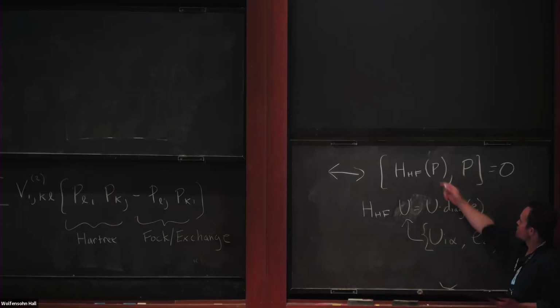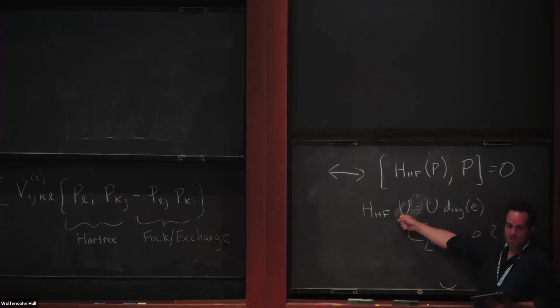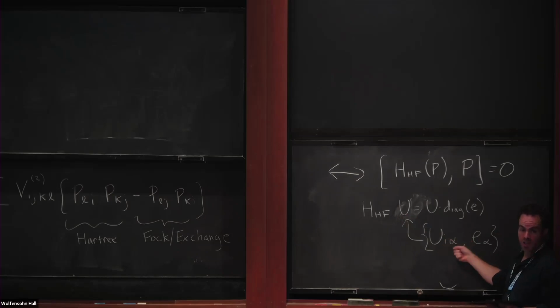In order for these to commute, the projector is diagonal in the alpha basis, and because it's a projector, its eigenvalues are just 0 and 1. So the projector just corresponds to diagonalizing the Hartree-Fock Hamiltonian, and then either emptying or filling the various orbitals.